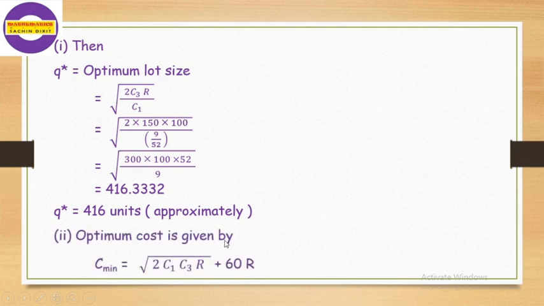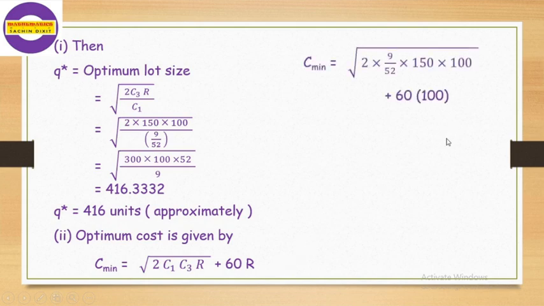Now the optimum cost is given by C minimum equals under root of 2 times C1 C3 R plus 60 into R. That is, C minimum equals under root of 2 into 9 by 52 multiplied by 150 multiplied by 100 plus 60 into 100.